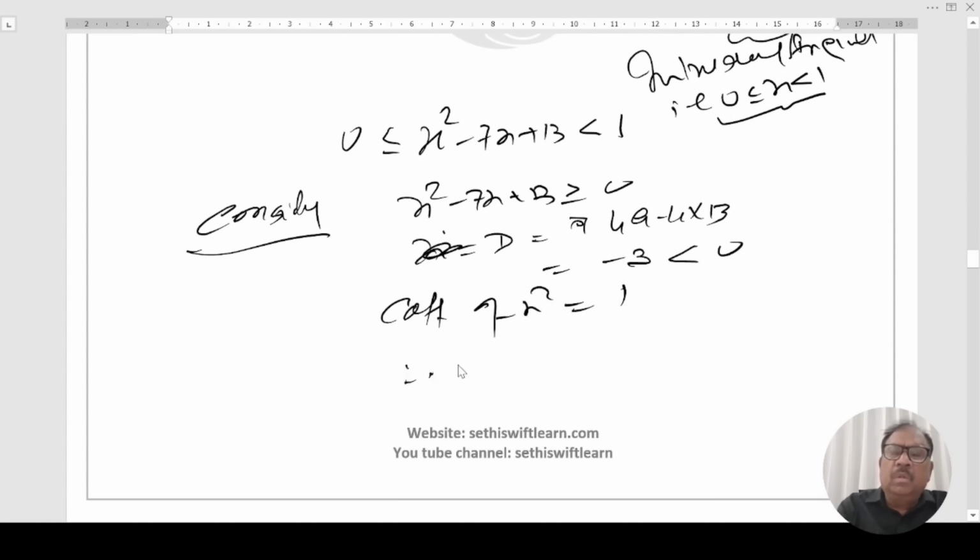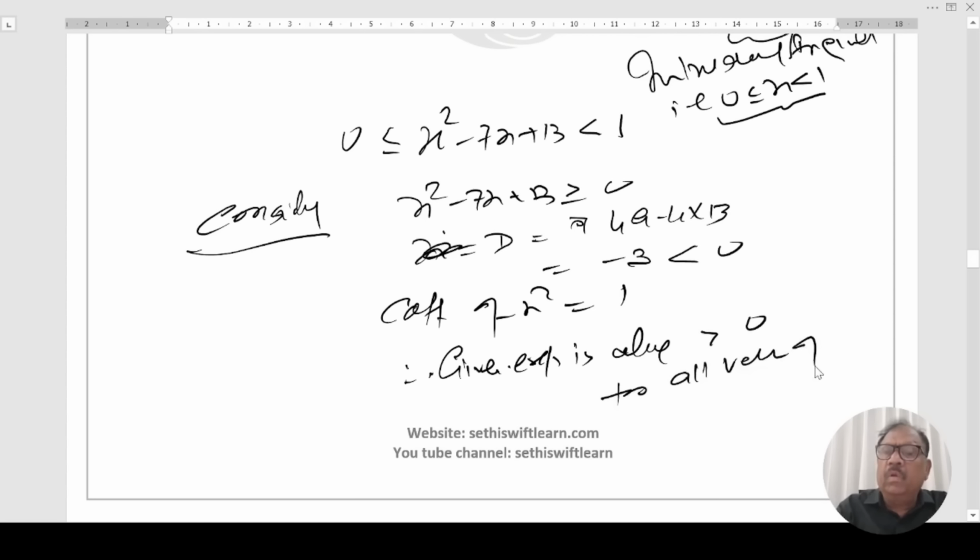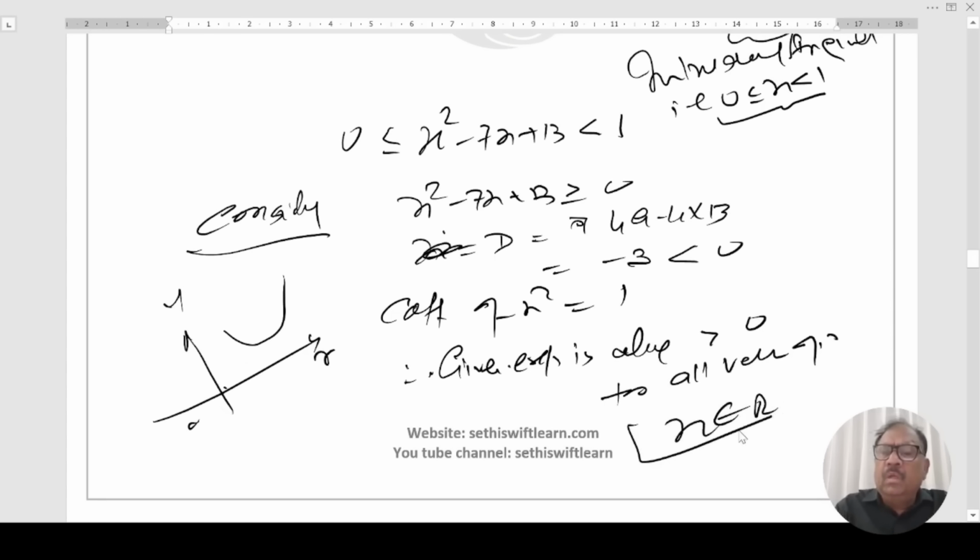Therefore the given expression is always greater than 0 for all values of x. The graph will be like this, x-axis, y-axis. Therefore, x belongs to R.